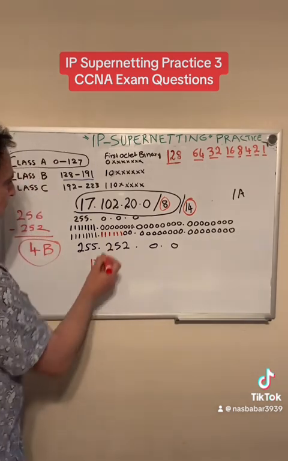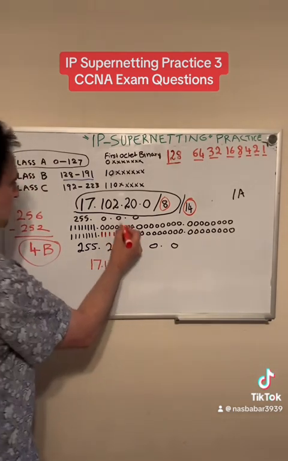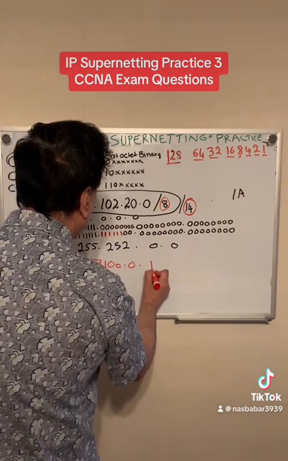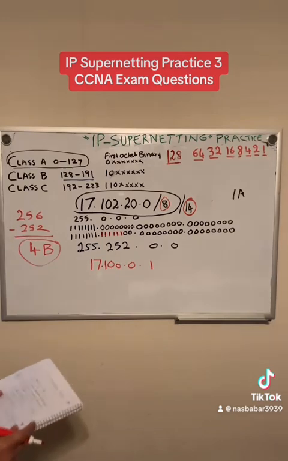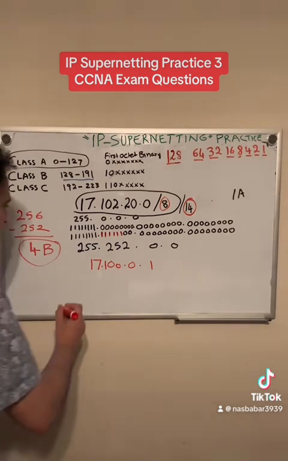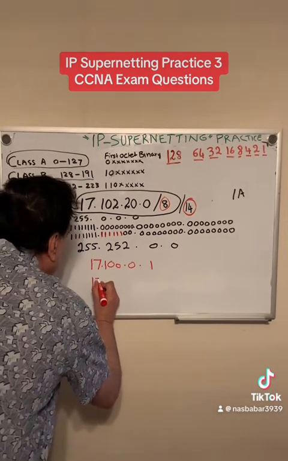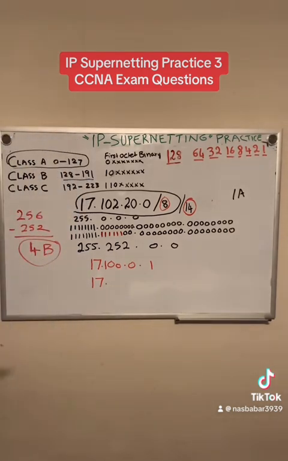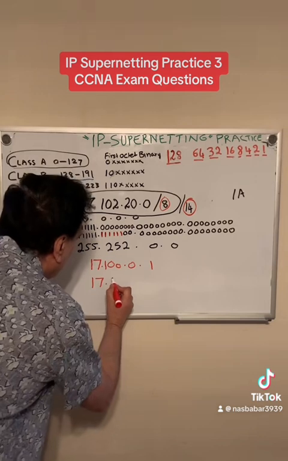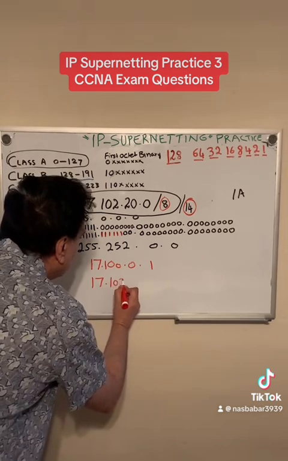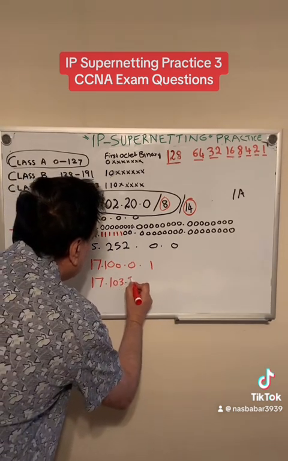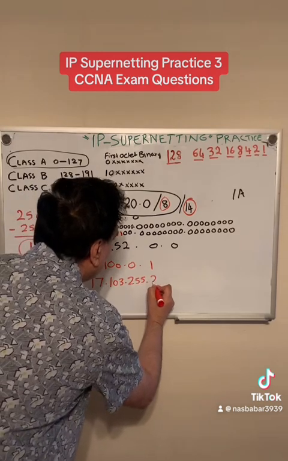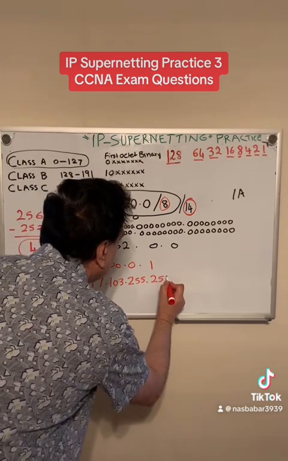So then what we have is 0.1. That's going to be my first IP. And my last IP is going to be 17.103.255.254.